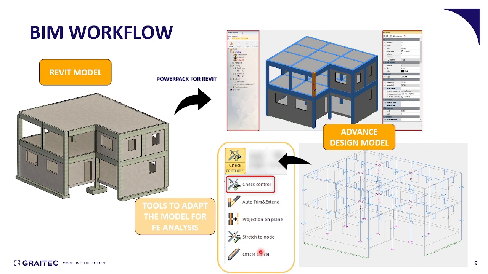So the PowerPack for Revit plus the tools in Advanced Design ensure that there is excellent data continuity and the transfer is performed with minimum loss or even zero loss of data in the end.